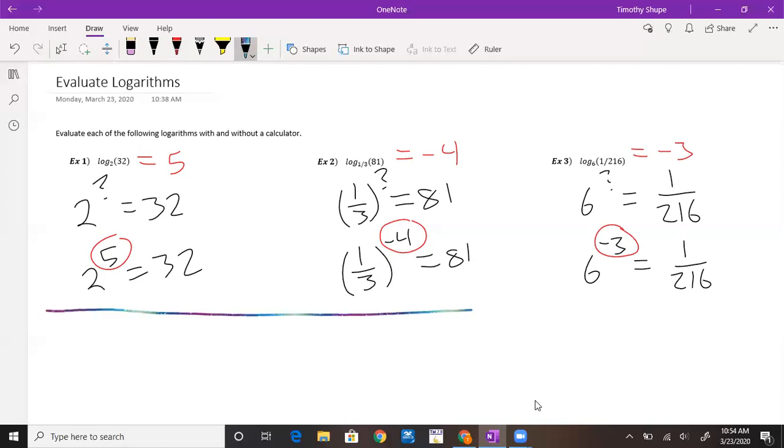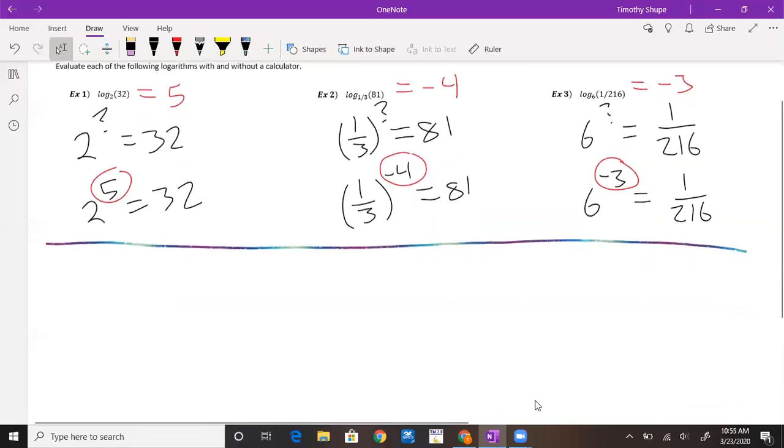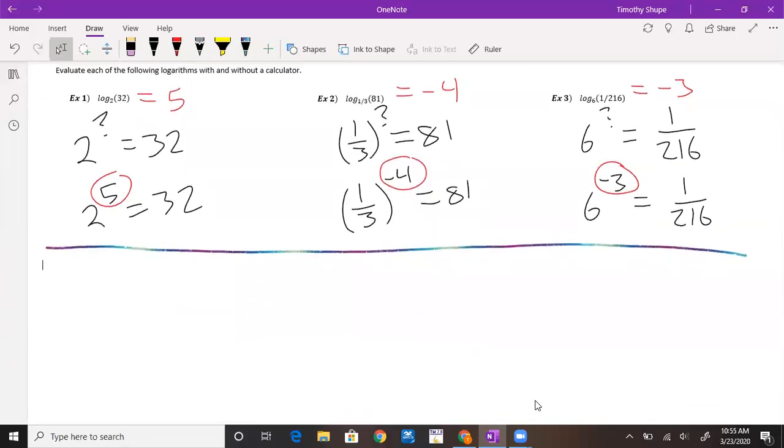Now, knowing how to do that without a calculator is very nice, but we need to be able to do it with a calculator as well, because there's going to be times where it isn't an integer for the answer.